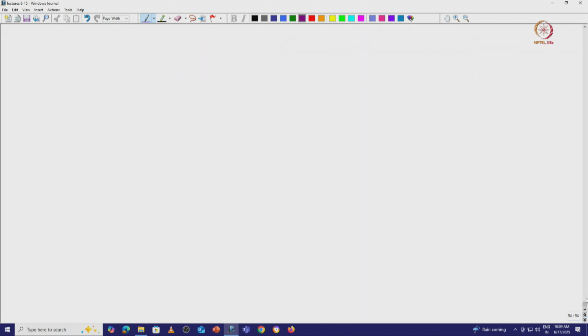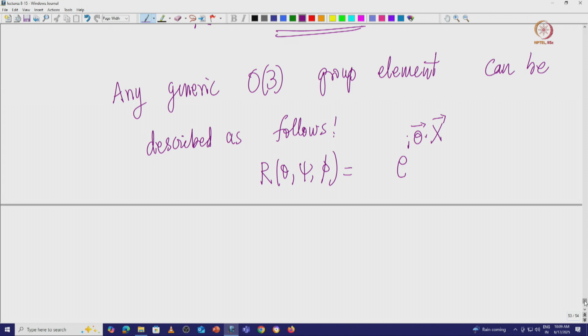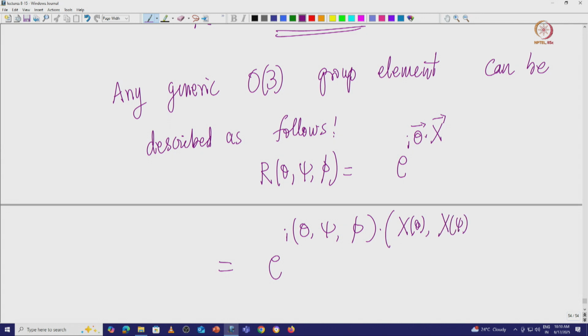Theta bar is nothing but theta, psi, phi written as a vector, and x bar is x theta, x psi, x phi, the generators here.